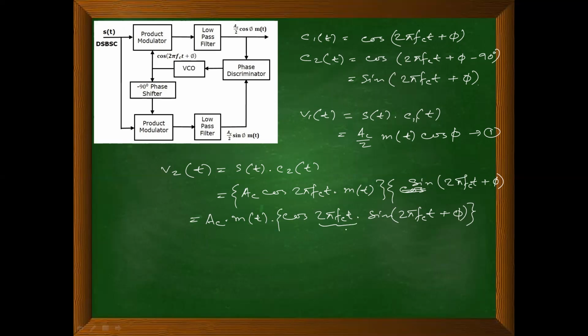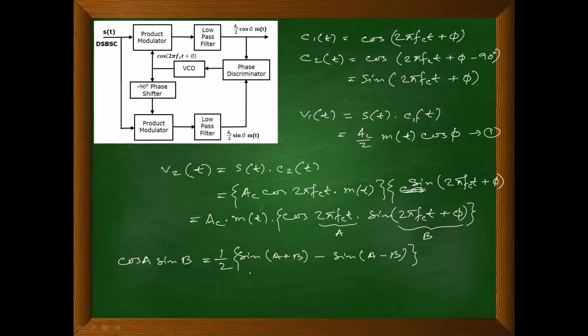So now consider this as A and this as B. From the basic trigonometric identity, cos A sin B equals half of sin(A plus B) minus sin(A minus B).